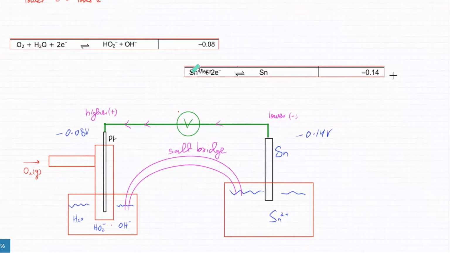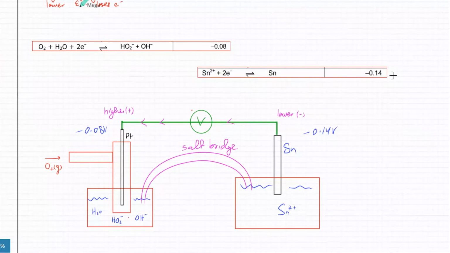You've got two reactions. Once you connect them together, they're no longer going to be in equilibrium. One of them is going to gain electrons, and one of them is going to lose electrons. So out of the two, who's going to gain electrons? Which one?